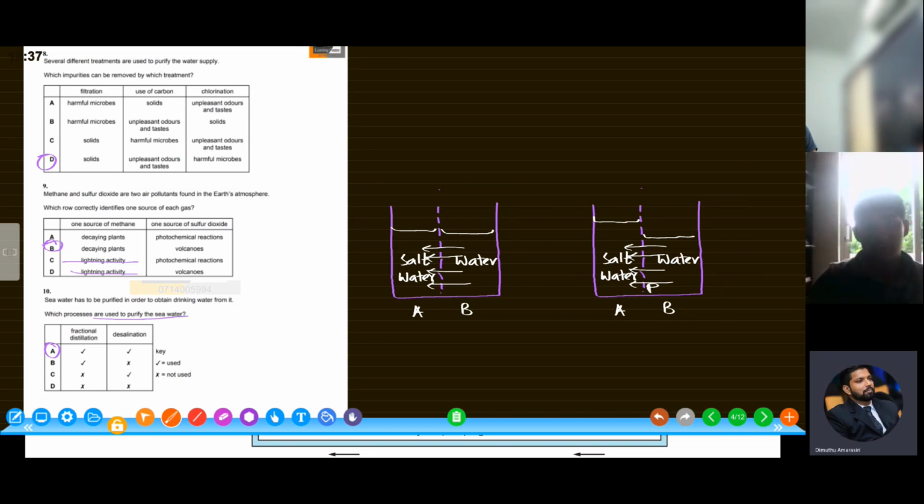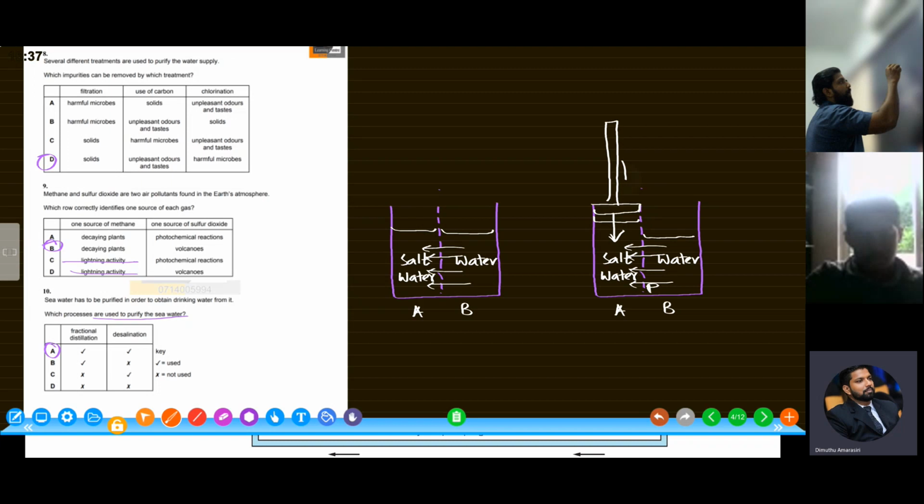Okay. Now what do we do? We give mechanical pressure from this side, with a piston. What happens? Water through the semi-permeable membrane, since we are pressurizing, will go to which side? B side, the side where you had normal load.